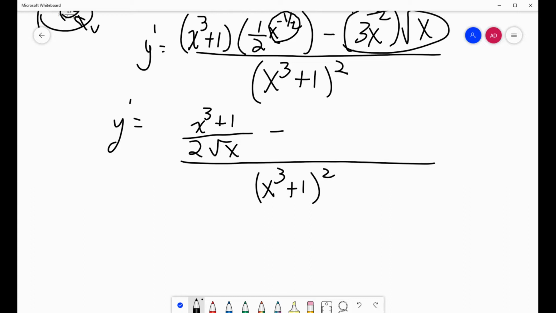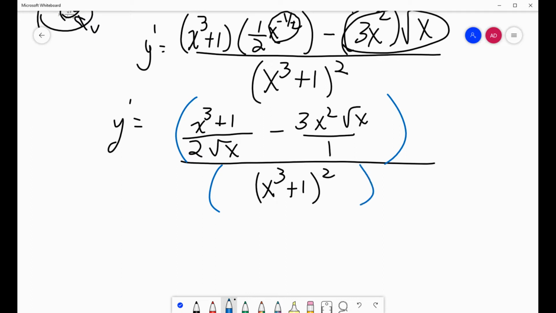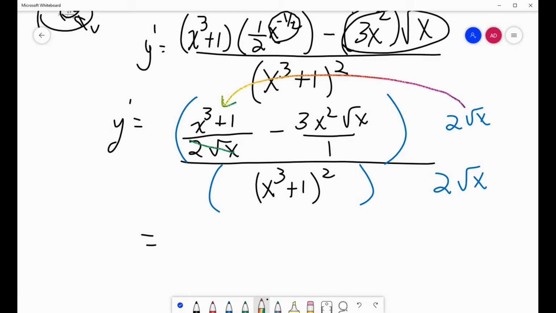And this one over here is 3x squared square root of x. Now, I can clean this up a little bit by multiplying the top and bottom by 2 radical x, because all I've done is multiply by 1. Super exciting. So now if I take that in, they cancel, and I'm just left with x cubed plus 1.